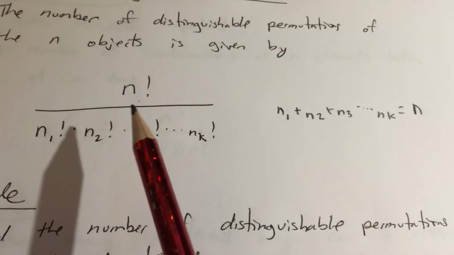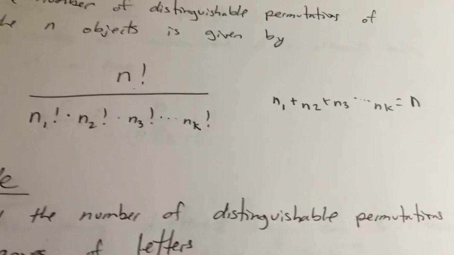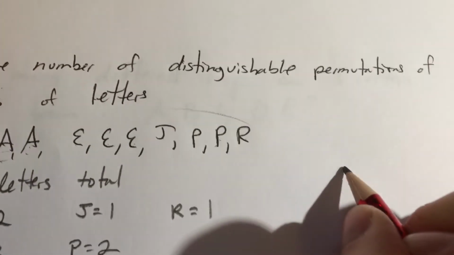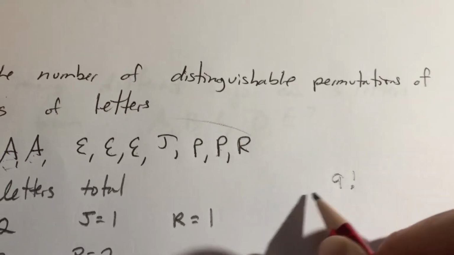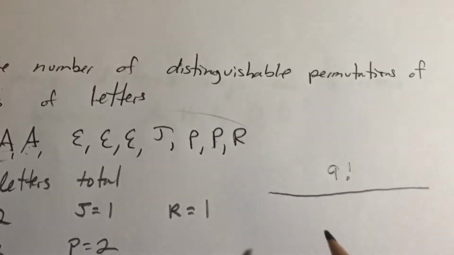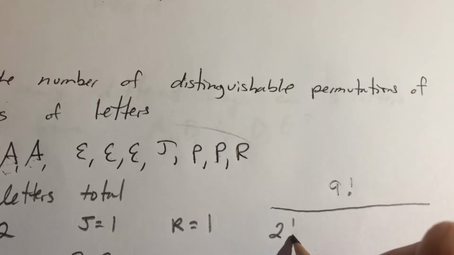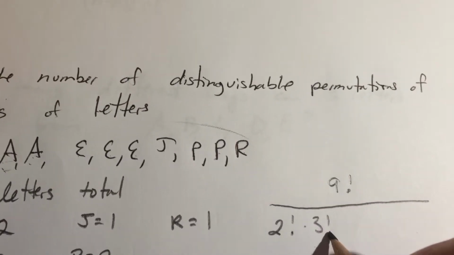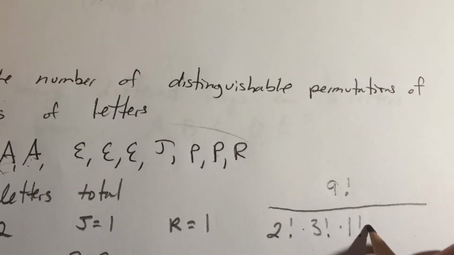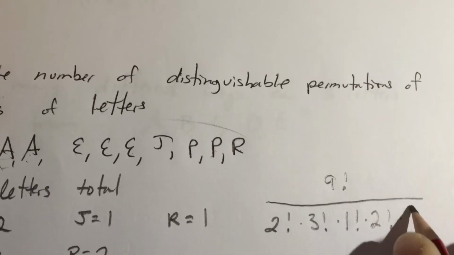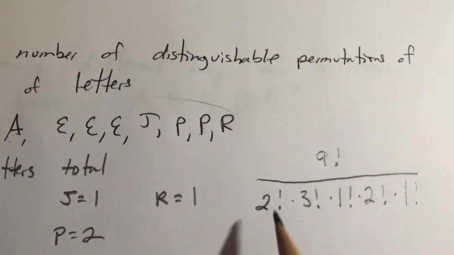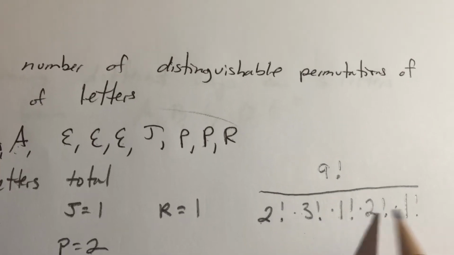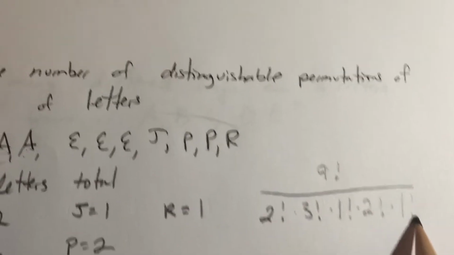So now we're going to plug all our information into this formula. So it's going to look like this: 9 factorial all over 2 factorial times 3 factorial times 1 factorial times 2 factorial times 1 factorial. So this is n1, n2, n3, n4, n5.